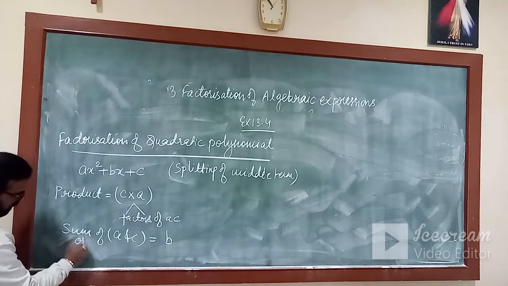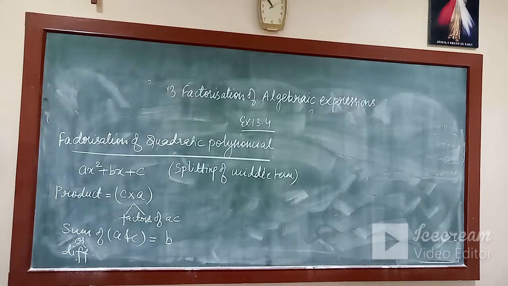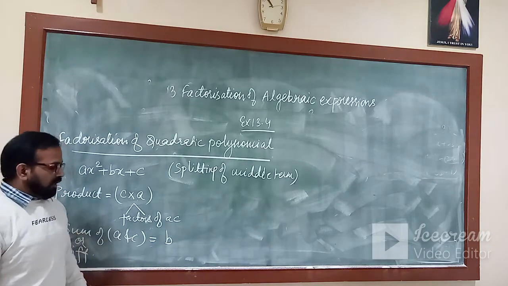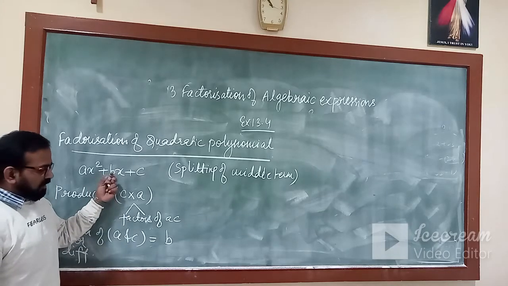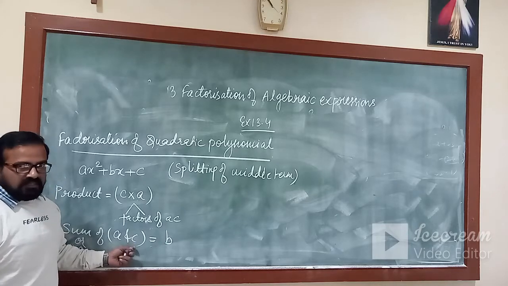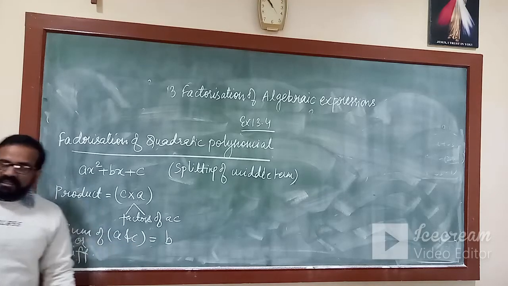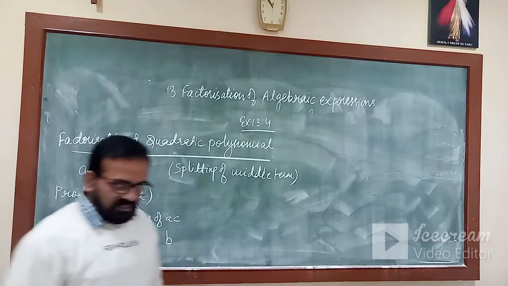Sum, or you can say difference, because sum and difference are almost the same thing. Sum or difference of the factors will give you B. If it is possible, then we can split this middle term into the terms of these two factors, and afterwards we can use the grouping method, and at the last we will use the common term method. Okay, so let's do a question.